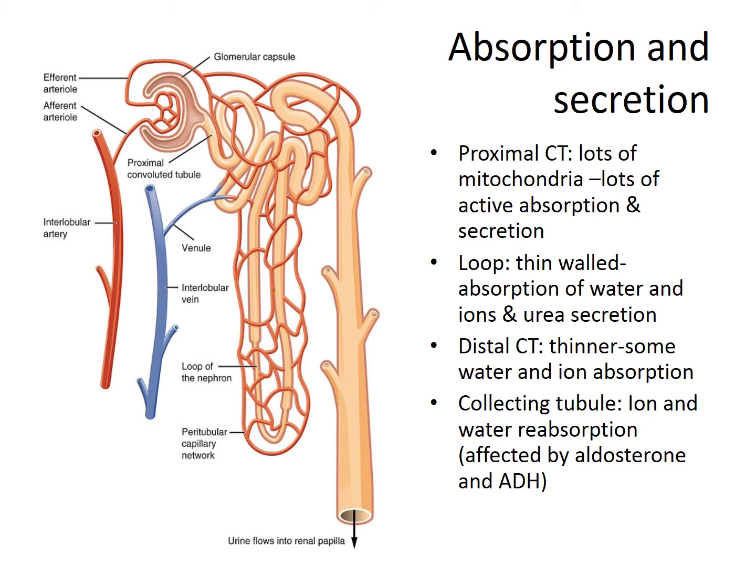The proximal convoluted tubule is very, very active. If you look at the cells in the proximal convoluted tubule, they're packed full of mitochondria, which tells you that they need a lot of energy for something. And that energy is primarily used for transporters, enzyme-like molecules that help to push substances, often against the concentration gradient, into the lumen of the tubule, or perhaps even pull molecules back into the blood.